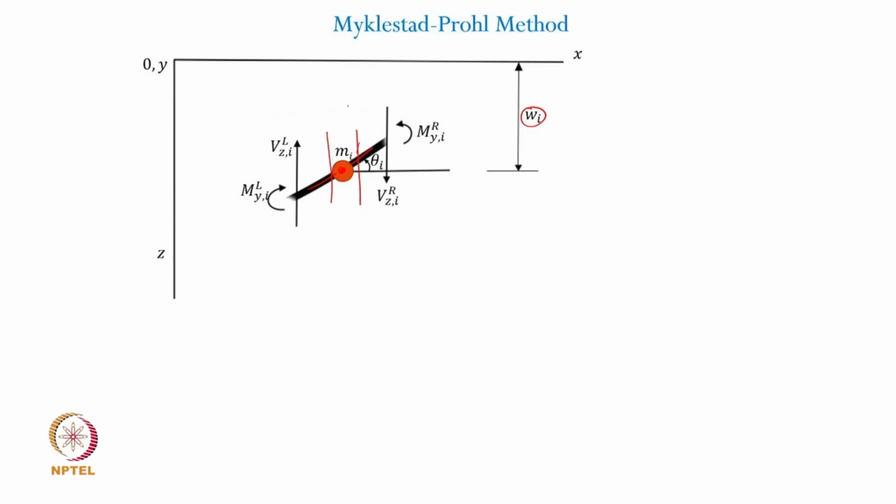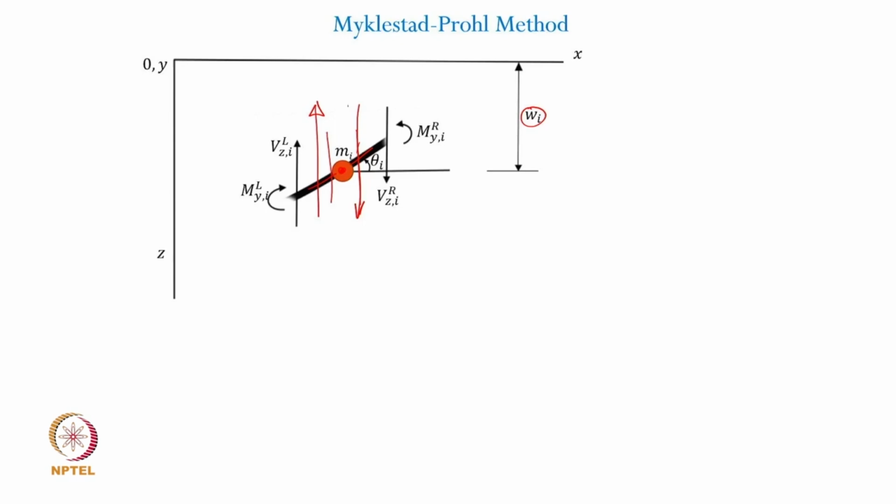What about the shear force? The force on the left side is this VZIL, and on the right side the shear force is VZIR. But because this mass has its inertia and it is vibrating, we will have to look at the force balance in the vertical direction.